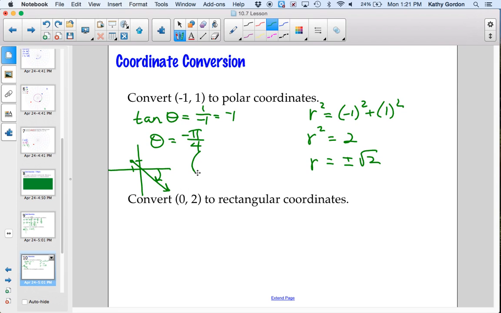So one possibility is that we go with a negative root 2 and a negative pi over 4. But then as we've already talked about, that's not the only possibility. So you can come up with other things like 3 pi over 4, positive root 2. Or 7 pi over 4, negative root 2. Or whatever from there.